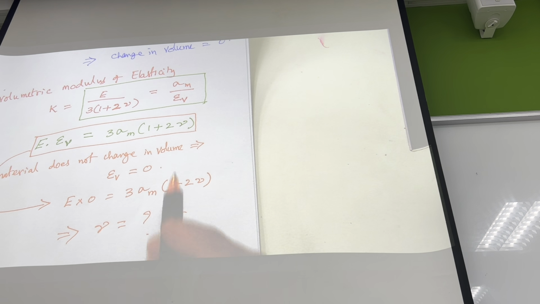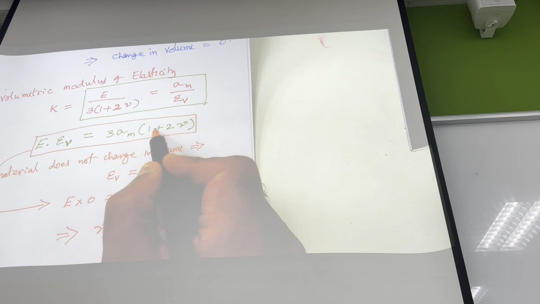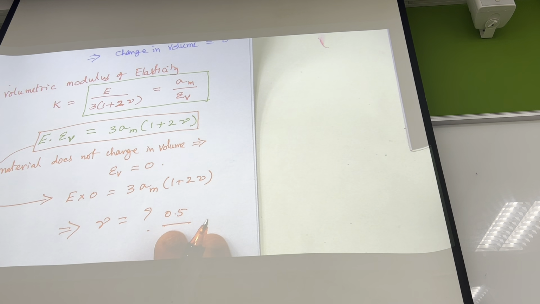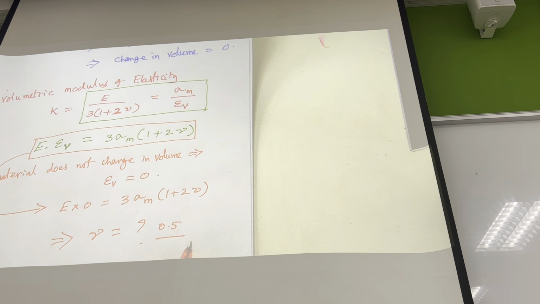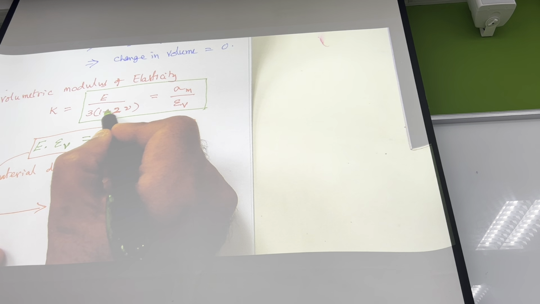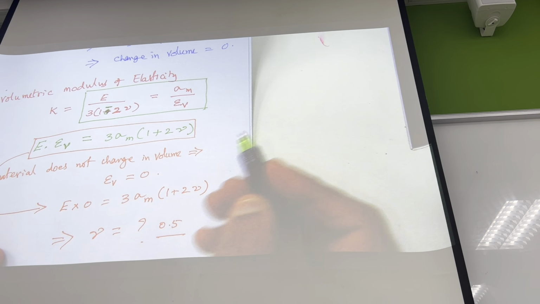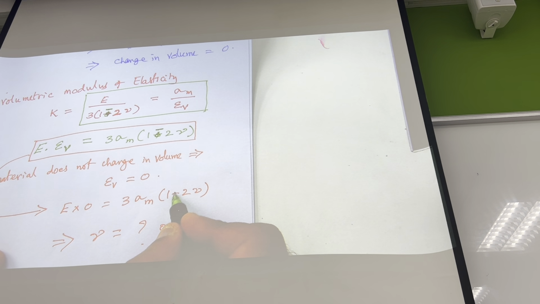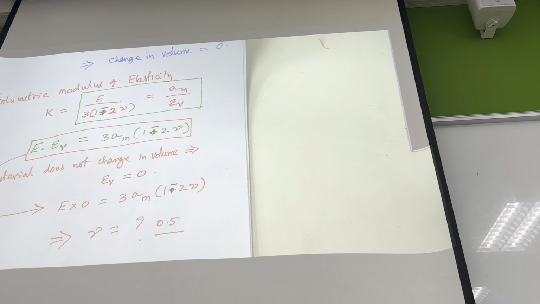I'm sorry, what is the formula here? It is 1 plus 2 nu or 1 minus 2 nu? 1 minus. I think 1 minus. I wrote the formula wrong. So here this one should be negative. So therefore you get the positive value here.